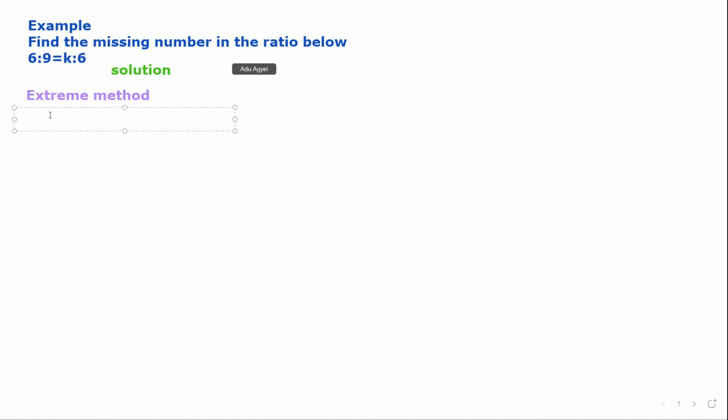With the extreme method, you state the question and then you reduce the ratios into their simplest form if possible. So 6 to 9 equals K to 6.